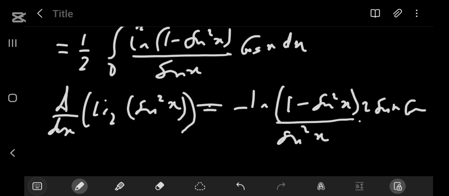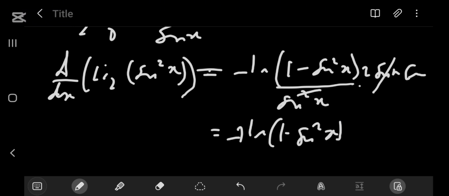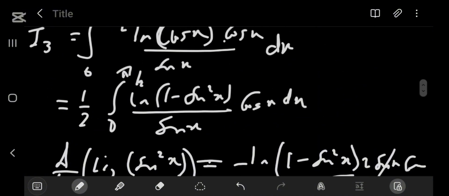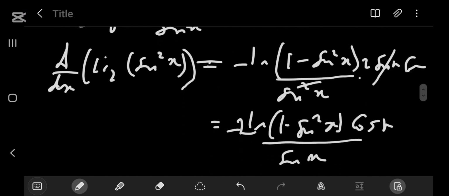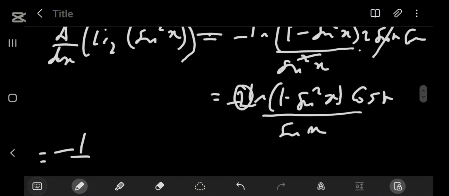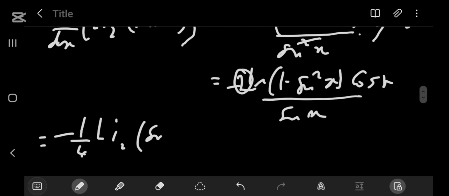So these cancel each other out, and we are finally left with minus ln 1 minus sine square x, we don't forget the 2 there, and cos x over sine x here. You can see that's an extra additional 2 there, so minus 1 over 4 dilogarithm of sine square x from 0 to pi by 2.